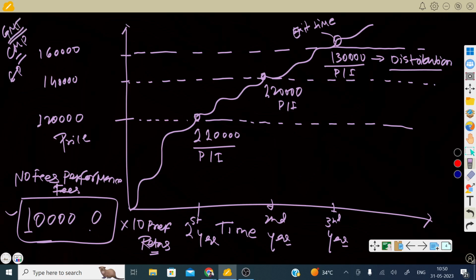GMT company's valuation reached 1 lakh 60,000, and the company pays you 1 lakh 60,000 in cash. So in the books of the private equity fund, you are the accountant and you have received 1 lakh 60 as proceeds. The language here would be proceeds.